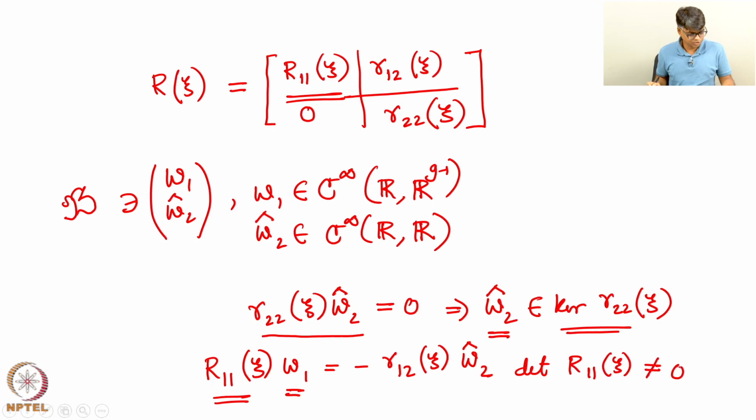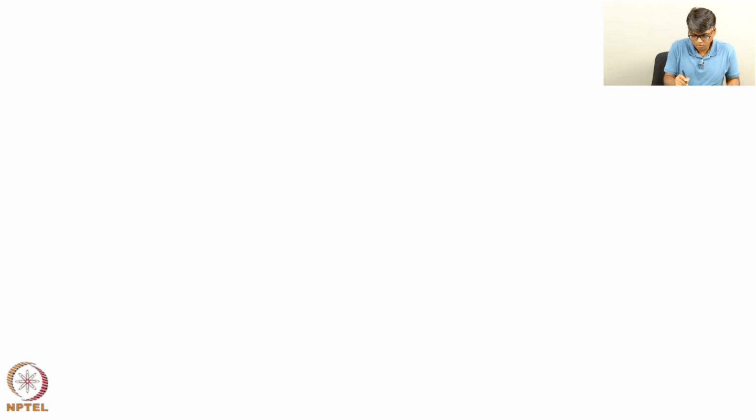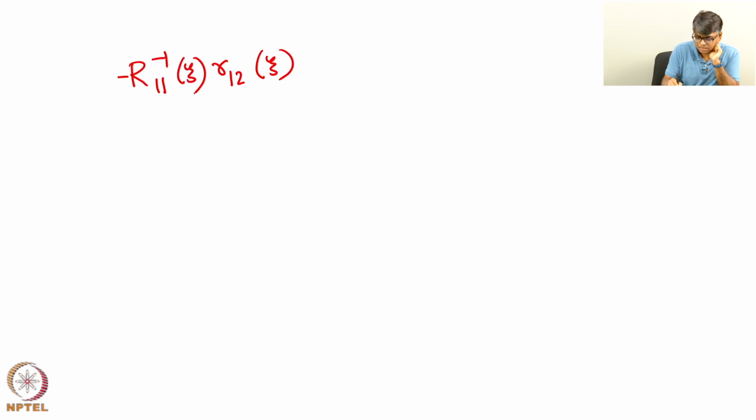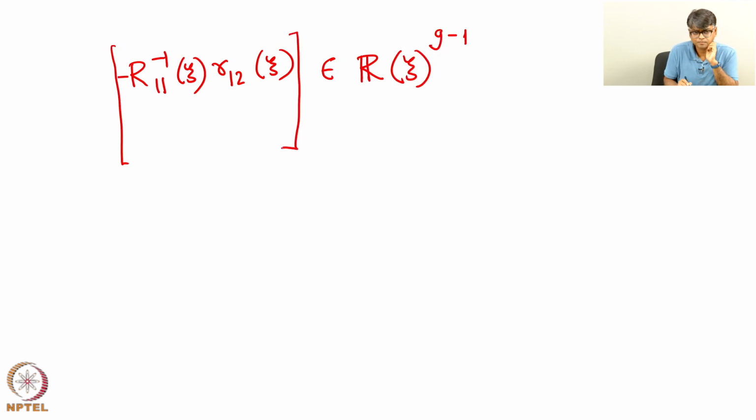Now notice that w1 can be gotten by looking at R11 inverse(ξ) R12(ξ). What is this? This is a rational function matrix of size G−1. It is a vector, so it is a vector of rational functions.